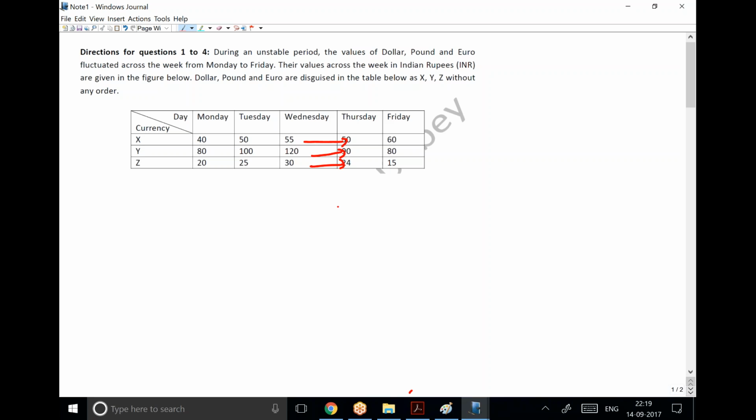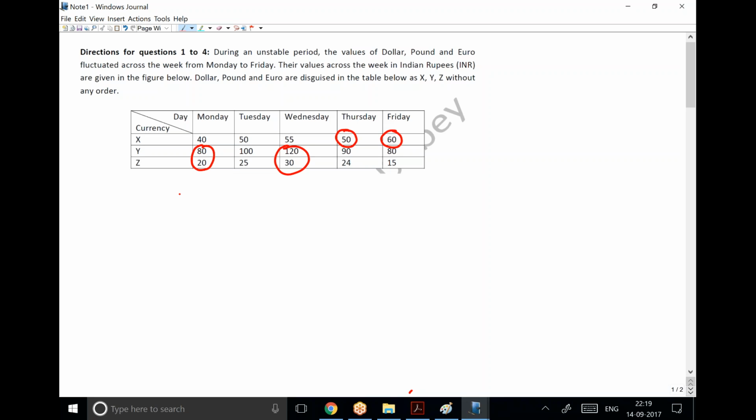So what exactly have we done? We have figured out that in the beginning we have to invest either in currency X or in currency Y, and we will get a 50% increase. And after that, in the last 2 scenarios, only currency X will increase, so we are supposed to invest on Thursday in currency X and take it out on Friday.